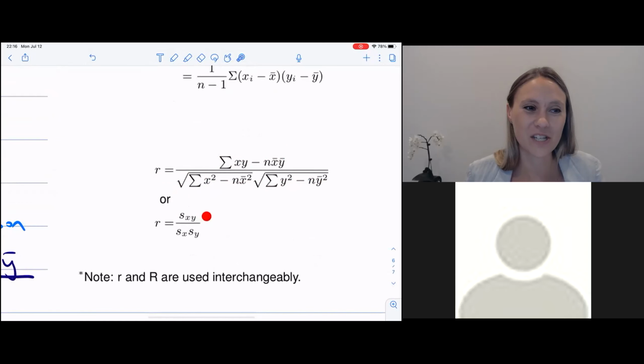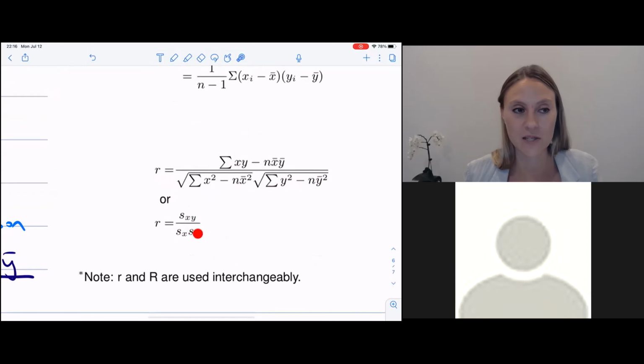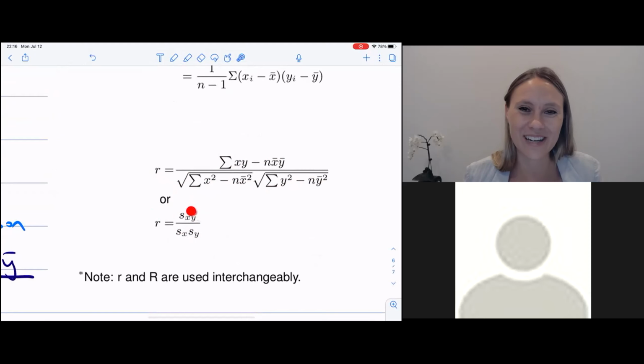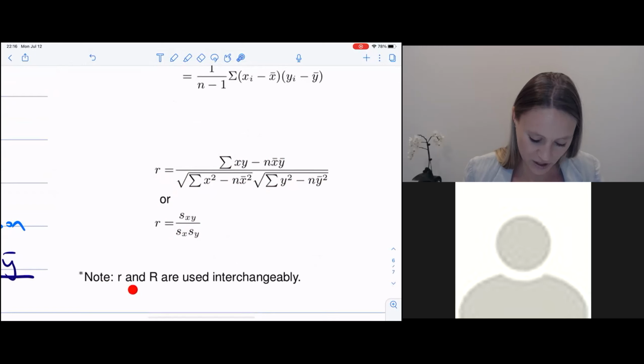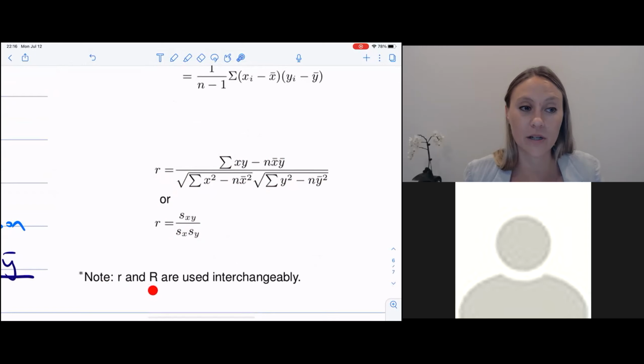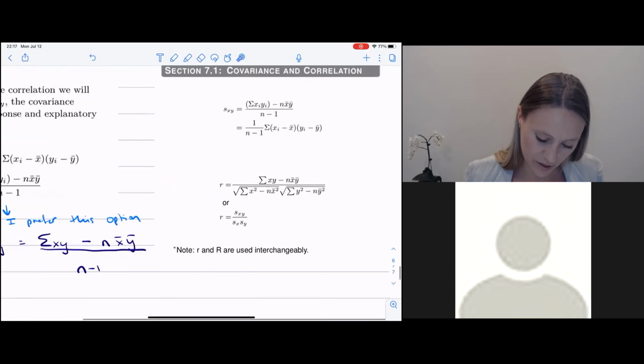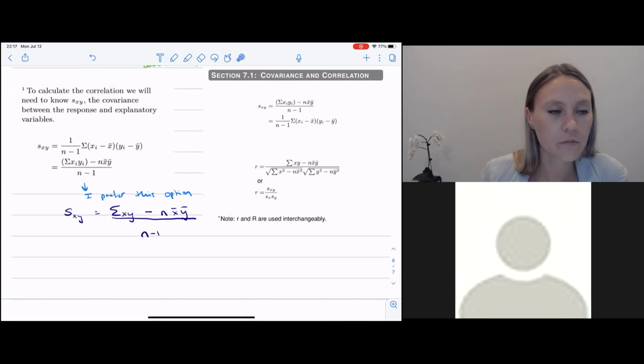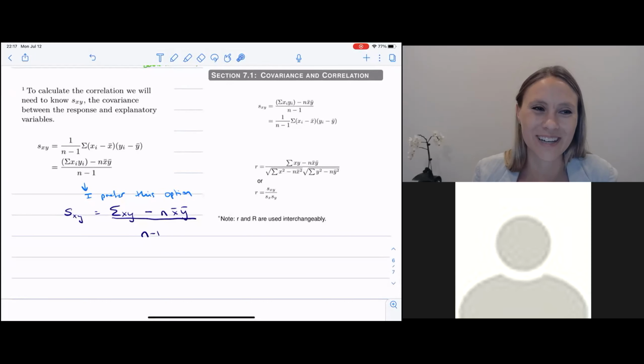Definitely, if you have each of these three components, the covariance, the standard deviation of X, and the standard deviation of Y, then I would definitely recommend that you use this one. Right? And I've even got a note that lowercase r and capital R are used interchangeably. Okay? But I'm going to use lowercase r in these notes. I can't bring myself to use an uppercase R for correlation.